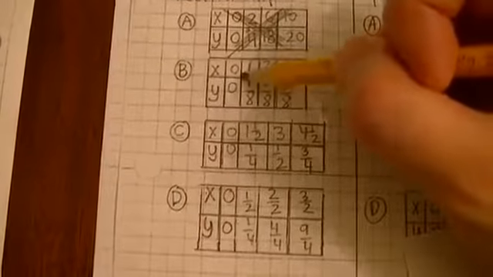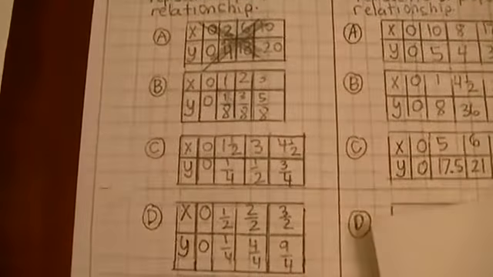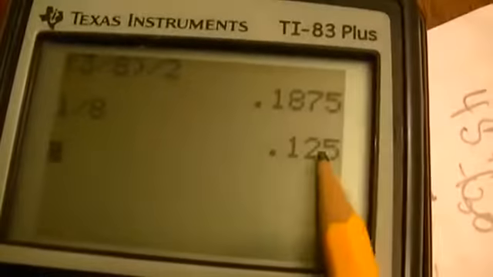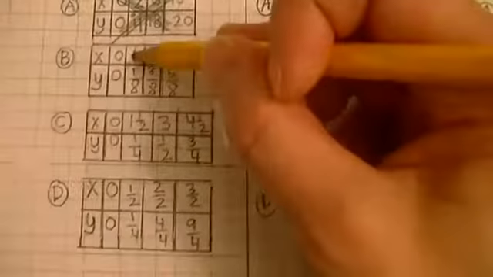Okay, right here, 1/8 divided by 1 is 1/8, so our unit rate should be 1/8. 3/8 divided by 2, what is that? Well, that's definitely not 1/8, so that's not it either.